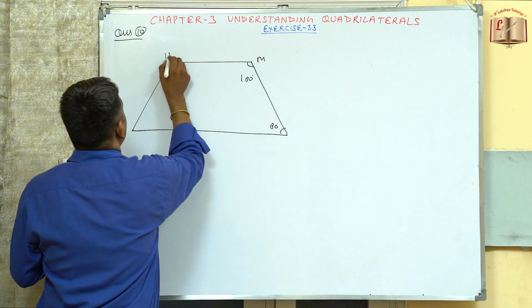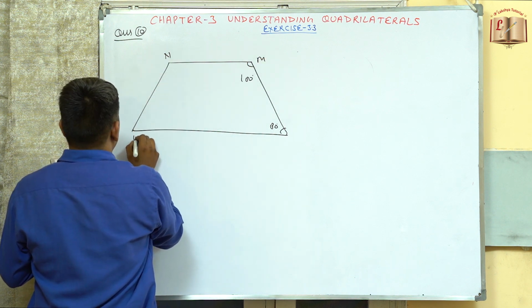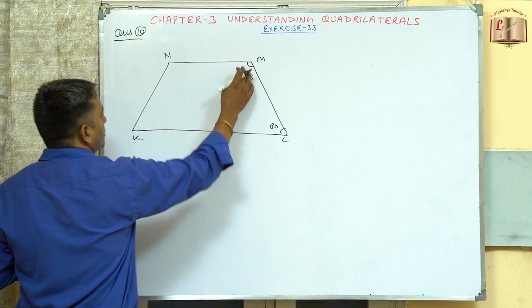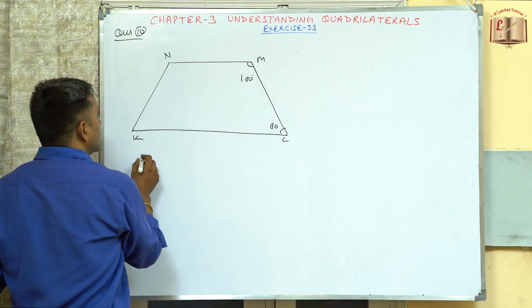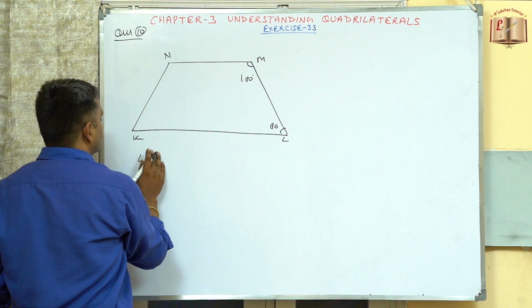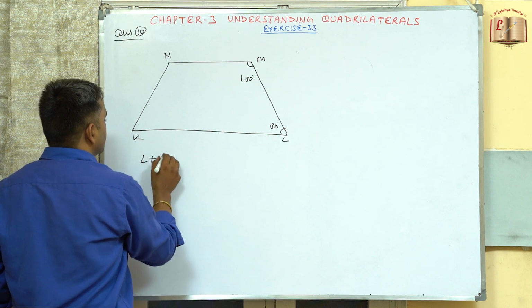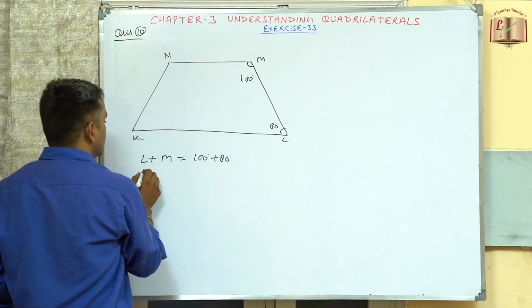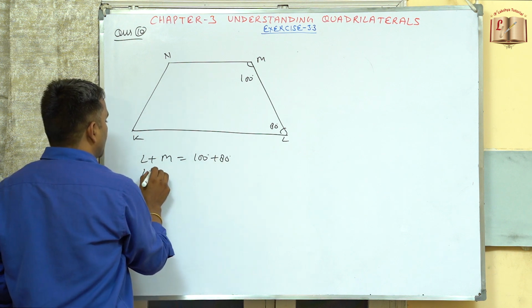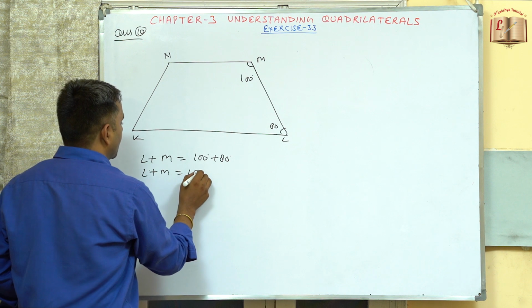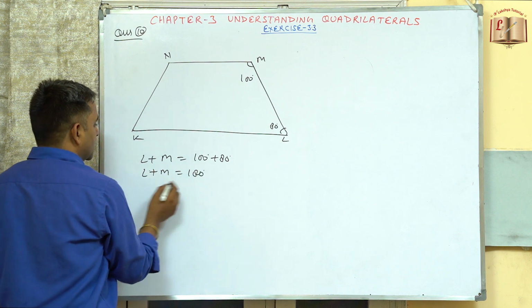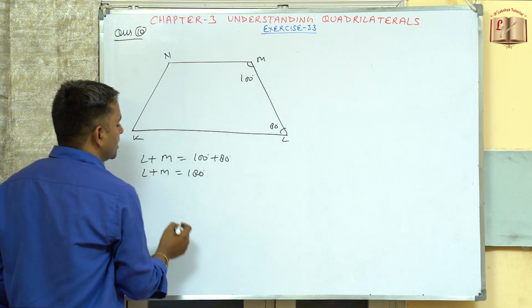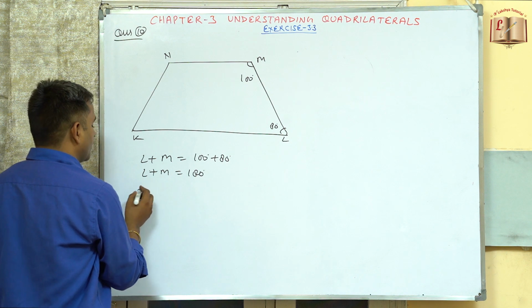This is M, N, K and L. Now see that the sum of these angles, angle L plus M, is equal to 100 plus 80. So L plus M is equal to 180 degrees. So the sum of adjacent angles is 180 degrees, therefore the lines are parallel.